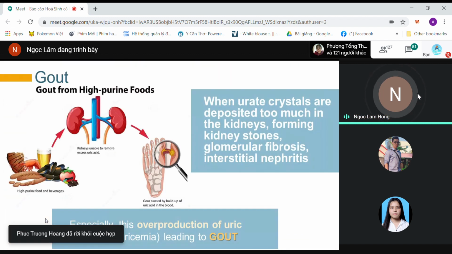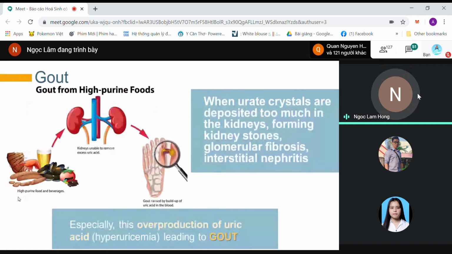The consumption of high-purine food will make the kidney unable to remove uric acid. When urate crystals are deposited too much in the kidneys, they form kidney stones, glomerular fibrosis, and interstitial nephritis. This overproduction of uric acid, which we call hyperuricemia, leads to gout.